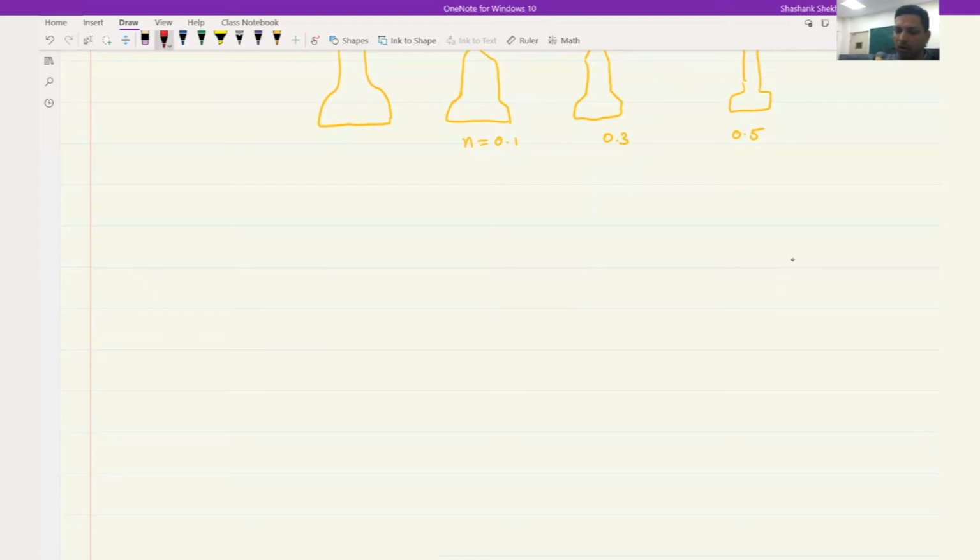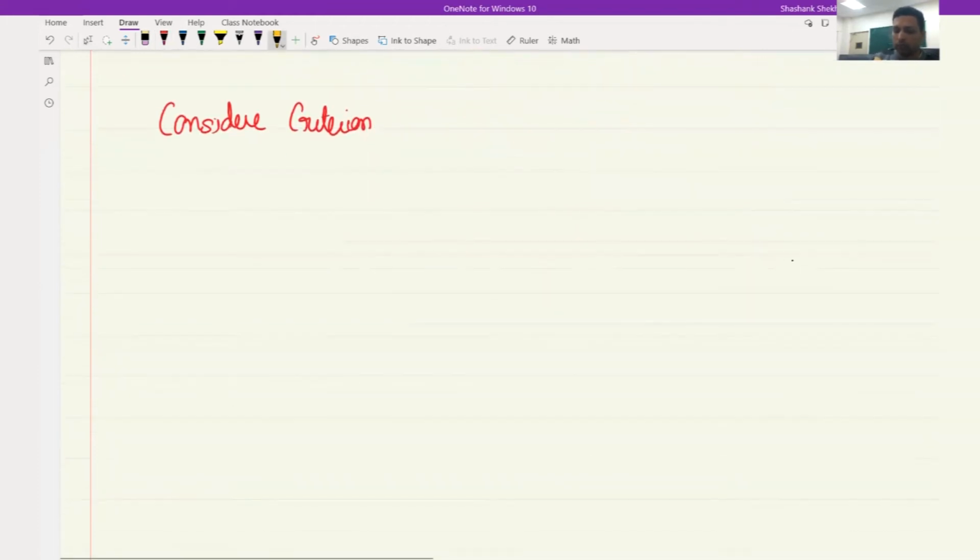There is something called the Considère criterion. So from what we have already obtained, if you plot the true stress versus true strain, it will look something like this.